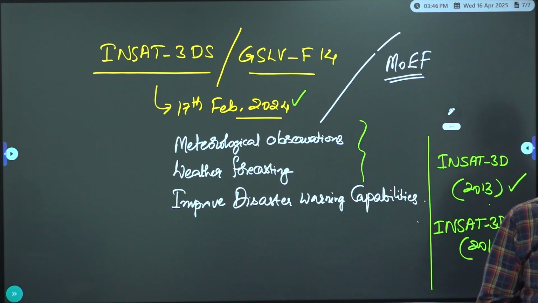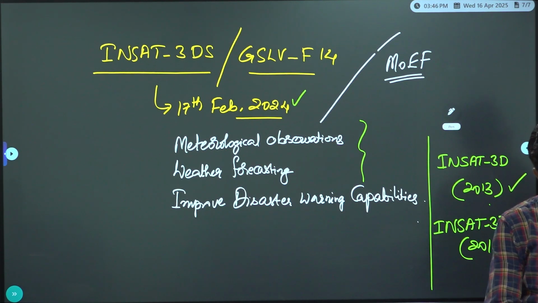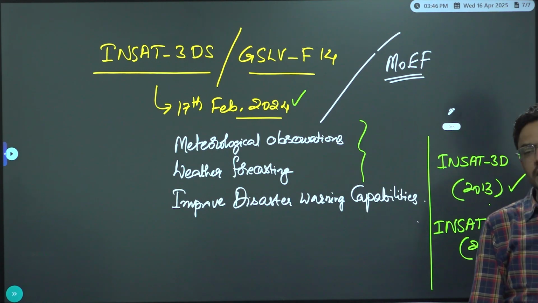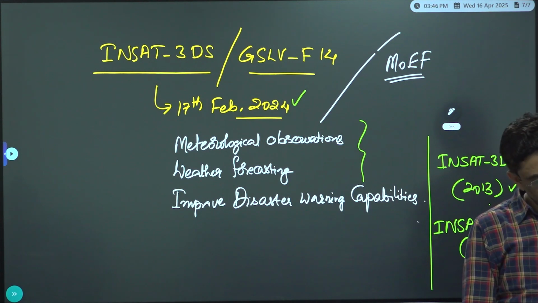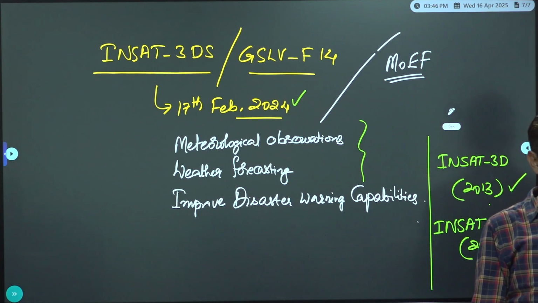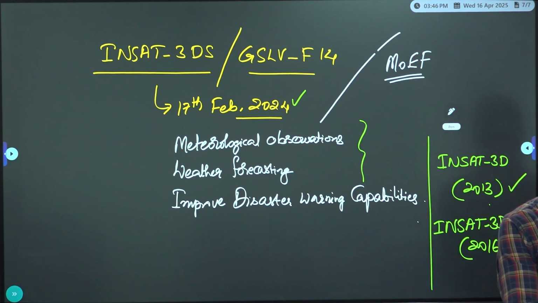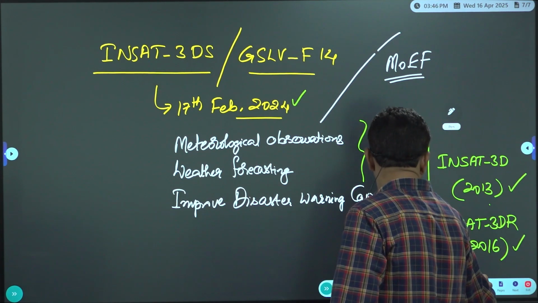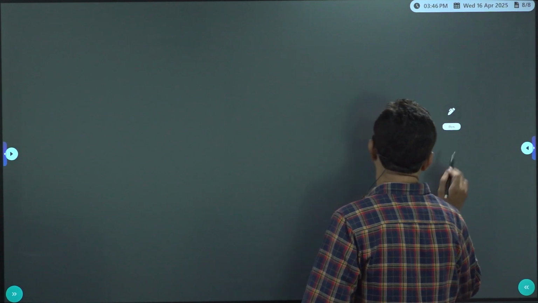And the next one is IRS satellites. Simply remember, IRS means Indian remote sensing satellites. What is remote sensing?